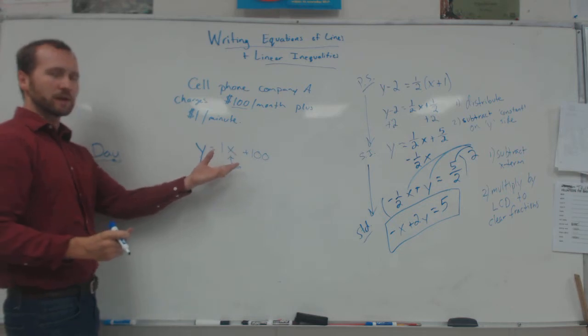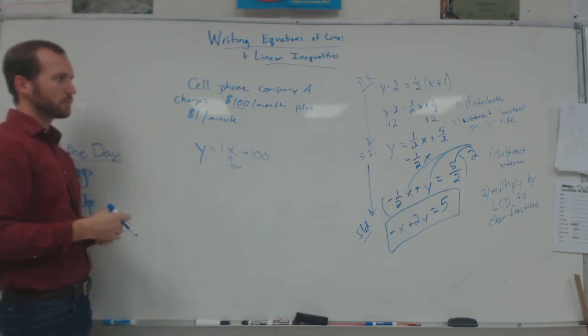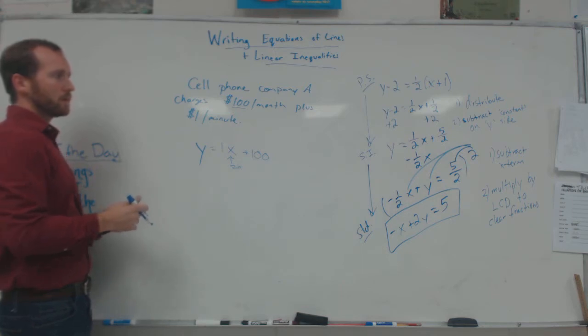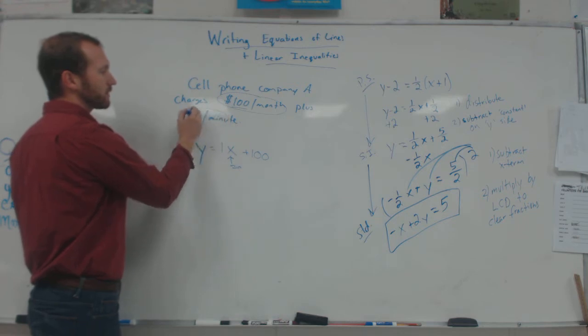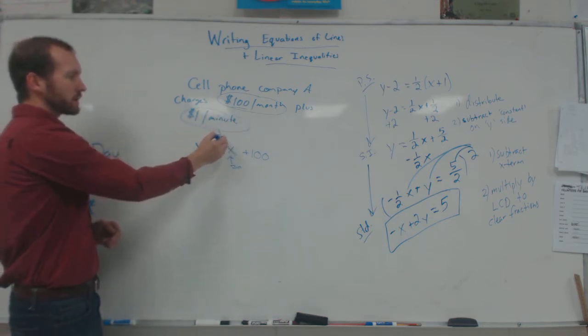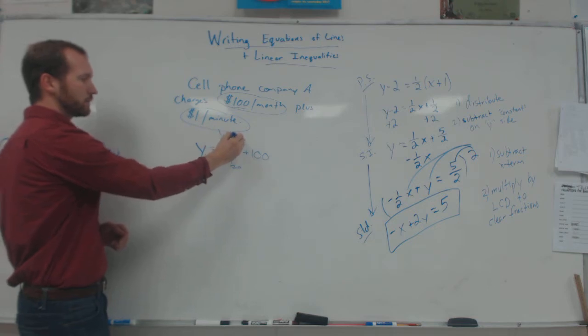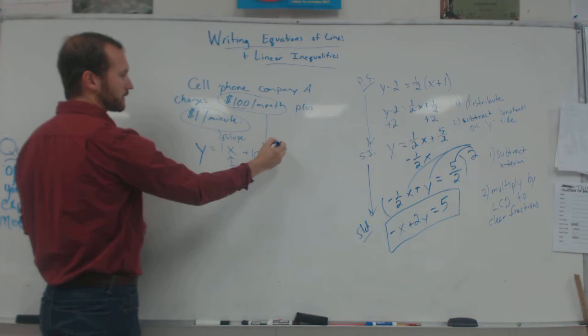So x represents minutes in that equation. So we're looking for the flat fee, and then we're looking for the variable rate. And the variable rate becomes our slope, and this becomes our y-intercept, or b.